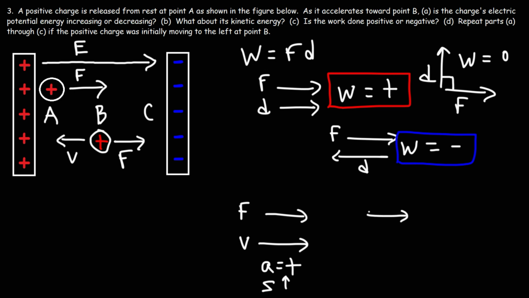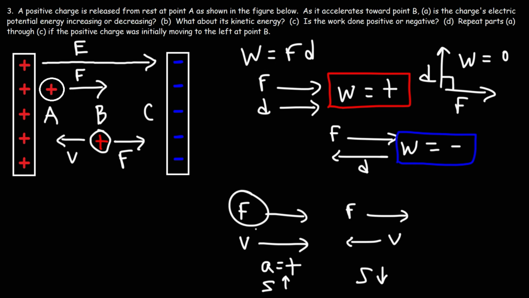Now, if the force vector and the velocity vector are opposite to each other, the object is slowing down. It's decelerating towards the left. It's accelerating towards the right if you look at just the positive sign, but the signs of acceleration and velocity are different. Therefore, it's going to be slowing down. So make sure you understand that.